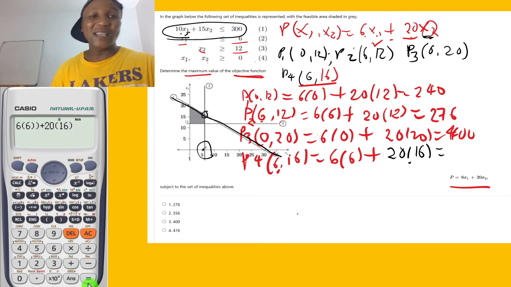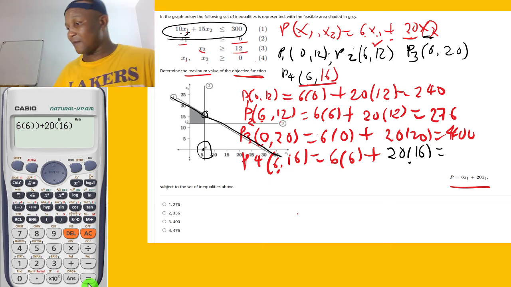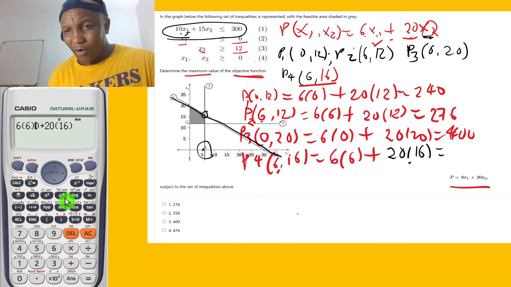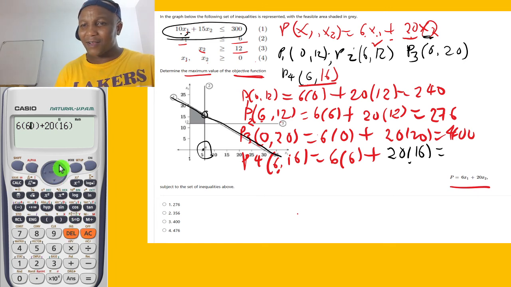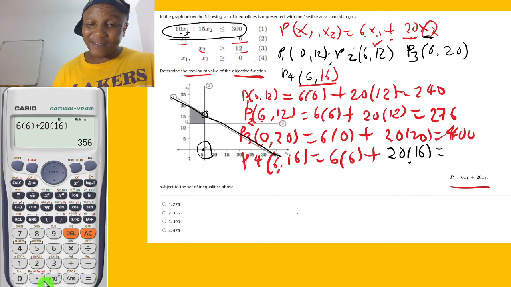Now we press equal and we get 356. Oh, it gave an error because we put two brackets. Let's come forward and remove one bracket. Okay, now it's 356, which is going to be this option right here.